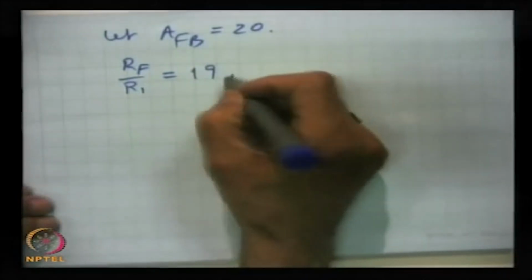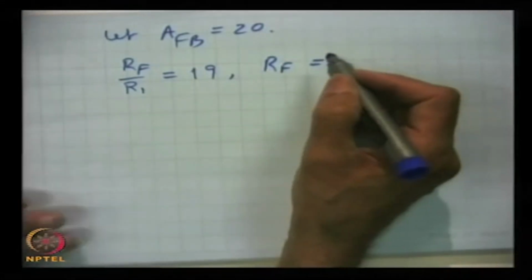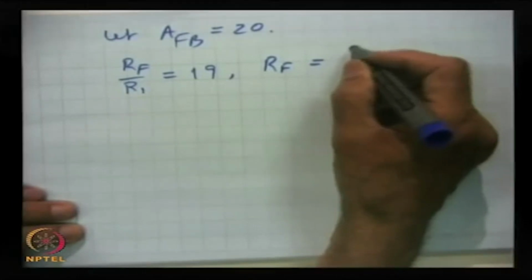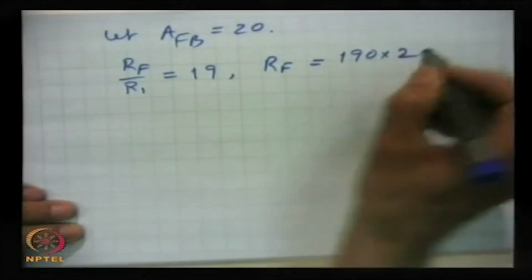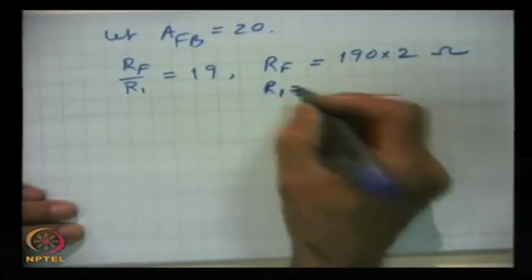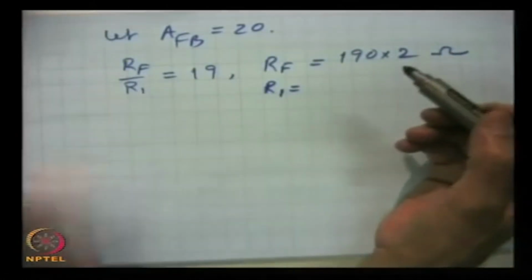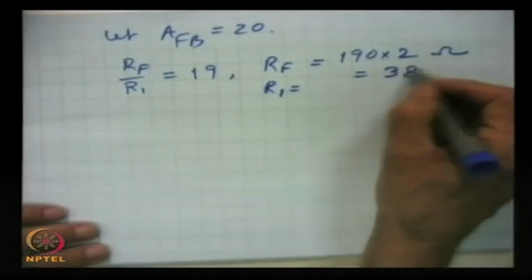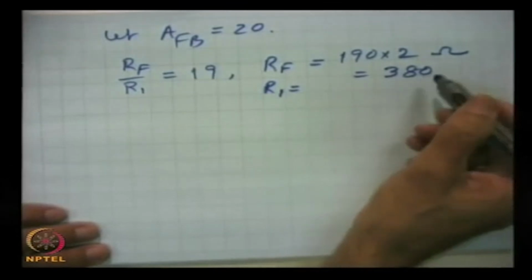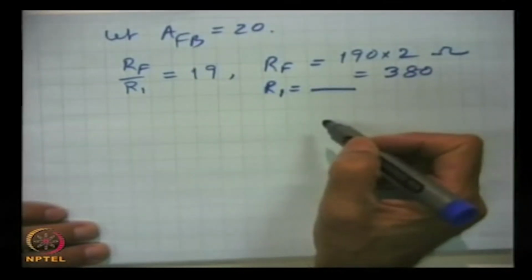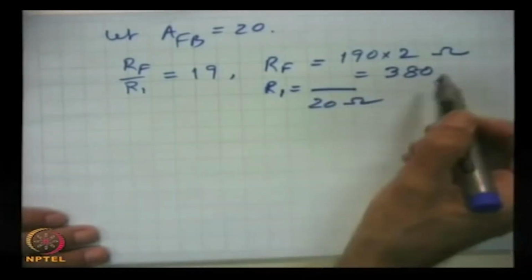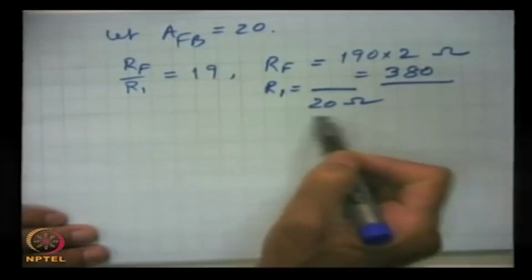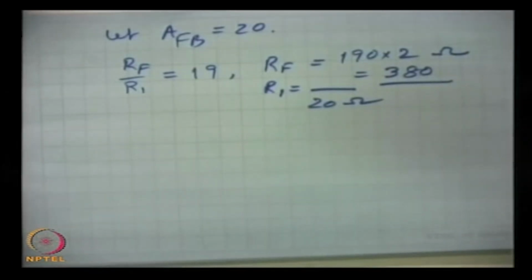Now, for example, you can choose Rf as 380 ohms and R1 as 20 ohms, and the ratio will be 19, but these resistances will draw a large current, and the currents will exceed the maximum current recommended for the op-amp, and the op-amp will burn.